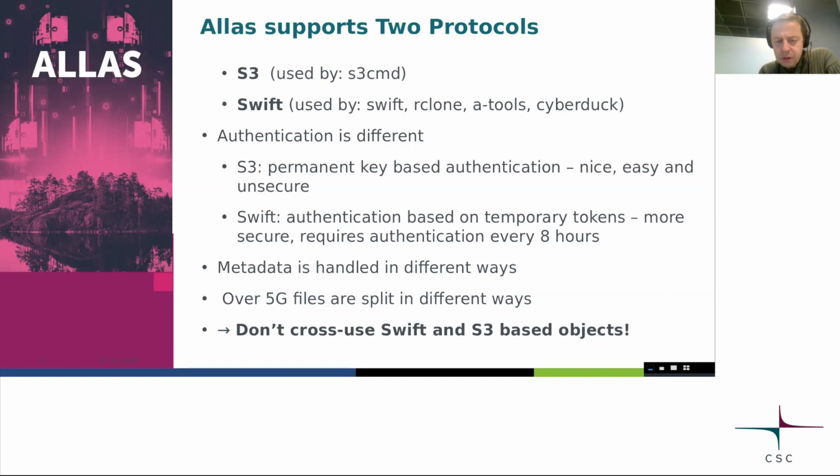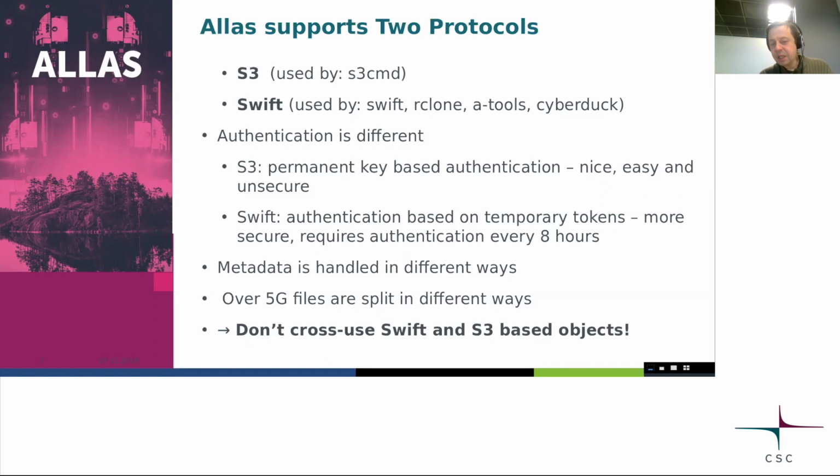And also larger files, especially files over 5 gigabytes, are split into smaller pieces when you upload them to Allas. Actually, for the end user, it doesn't show at all in normal everyday use, because you will have a front object which points to the pieces inside the Allas system, and when you ask for the data back, it's automatically collected from the pieces for you.